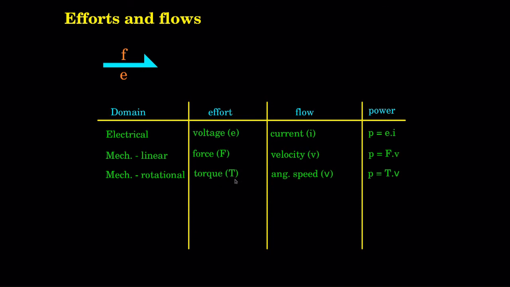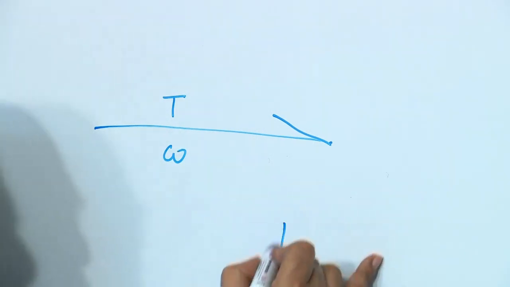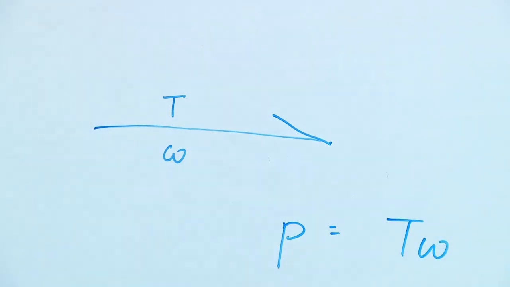So, you have the torque T and the angular speed, oh it should be omega, the symbol has not come properly. Normally we use omega. So, the power is T omega. Okay.